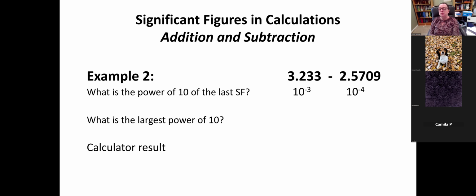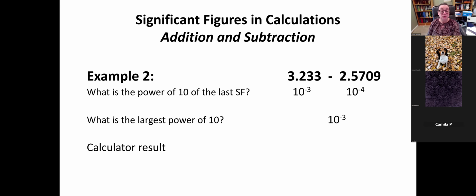All right, so what is the biggest power of 10 out of these? 10 to the minus 3 or 10 to the minus 4? Awesome. Yep, it's the same reason, right? The bigger the negative exponent, the smaller the value. So 10 to the minus 3 is going to be our bigger value there.